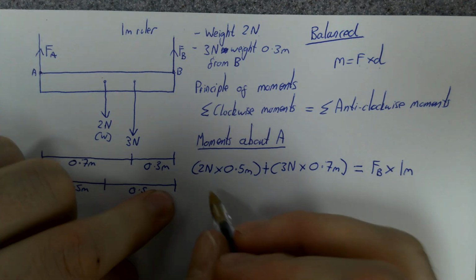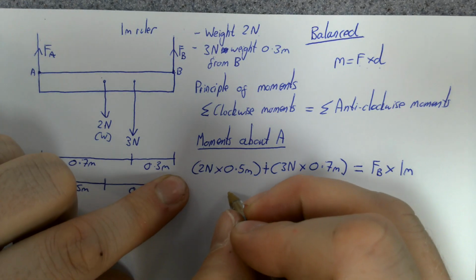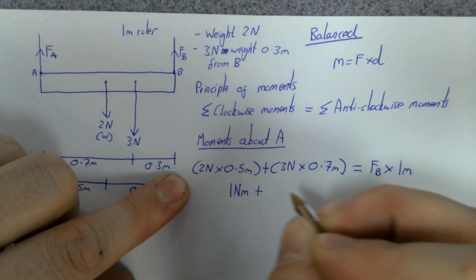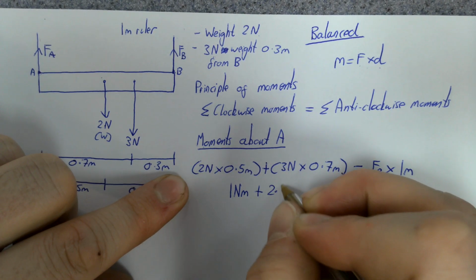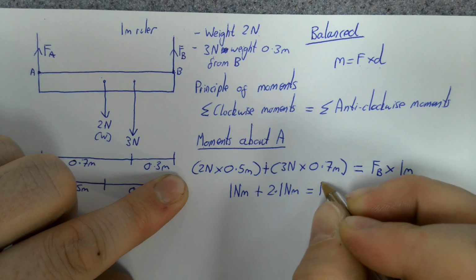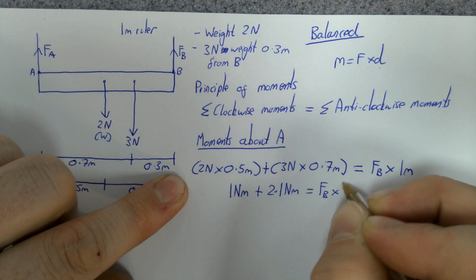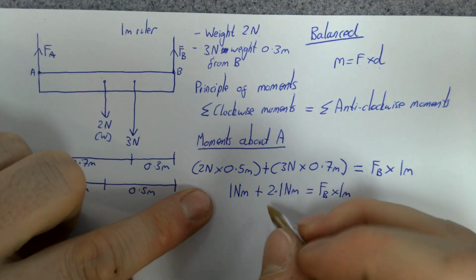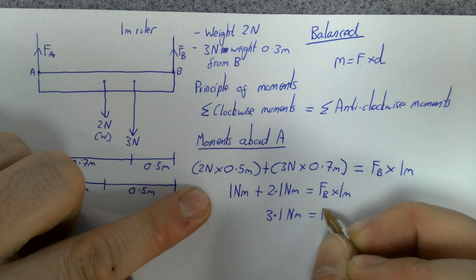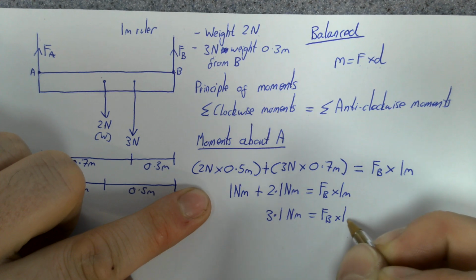So this is 1 Newton meter plus 2.1 Newton meters equals force B times 1 meter. So 3.1 Newton meters equals force B times 1 meter.